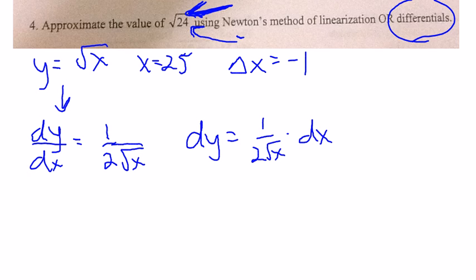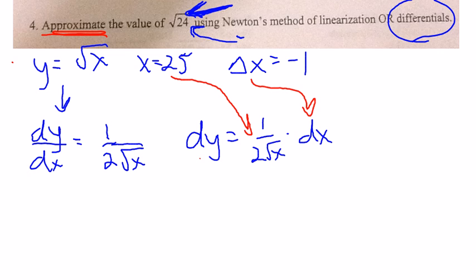So from here, all I have to do, the approximation is going to come from the dy, or the change in y. The dx is going to be my delta x, and my x equals 25 goes in as the root. So what I'm doing there is I'm going to figure out how big the dy is for the 25 with a dx of negative 1.